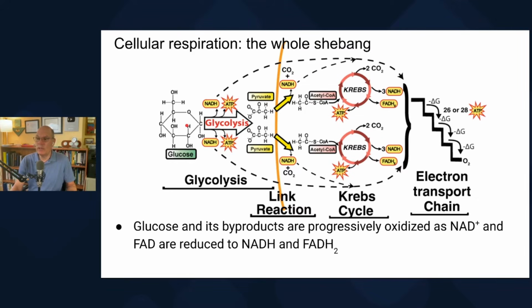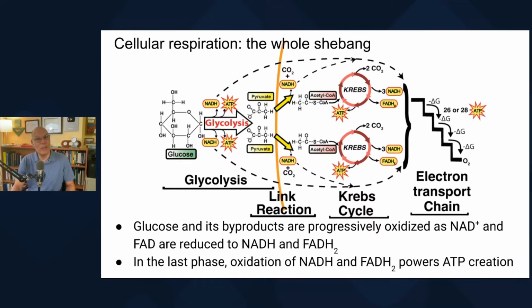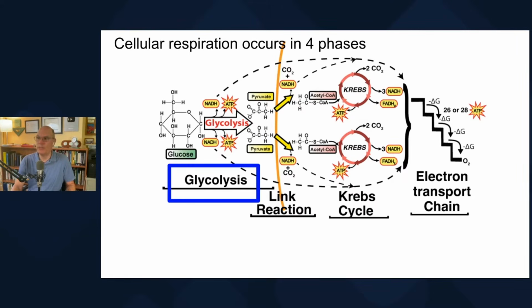Here's glucose. Here's another one of its byproducts, pyruvic acid. Here's another one called acetyl-CoA. They're progressively oxidized as NAD plus and FAD are reduced to NADH and FADH2. And in the last phase of cellular respiration, oxidation of NADH and FADH2 powers ATP creation. That's the very biggest picture of cellular respiration.